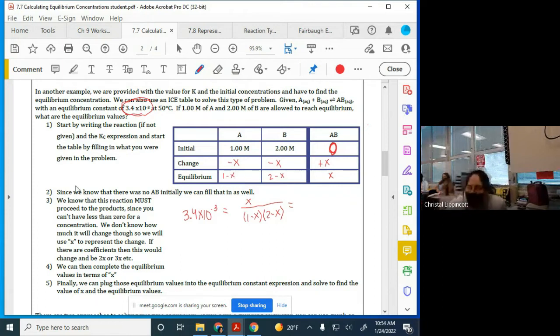In some cases, you can ignore that x. And when you can eliminate or ignore it is when your initial concentration divided by K, if that is greater than 100, you can eliminate x.